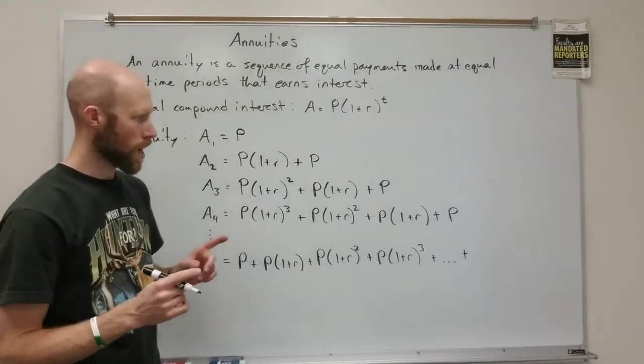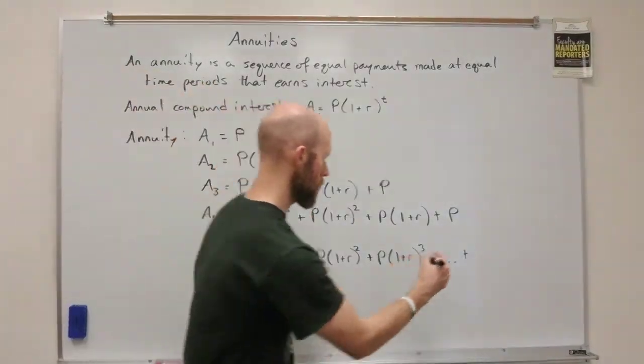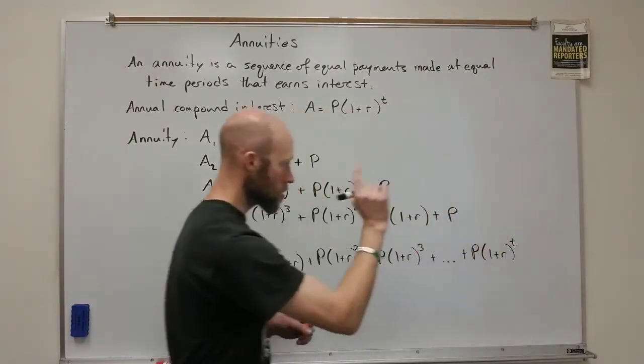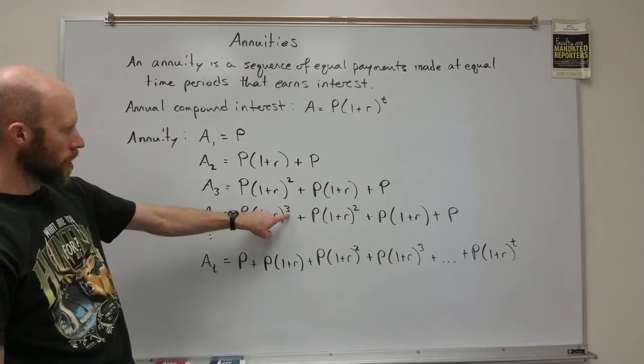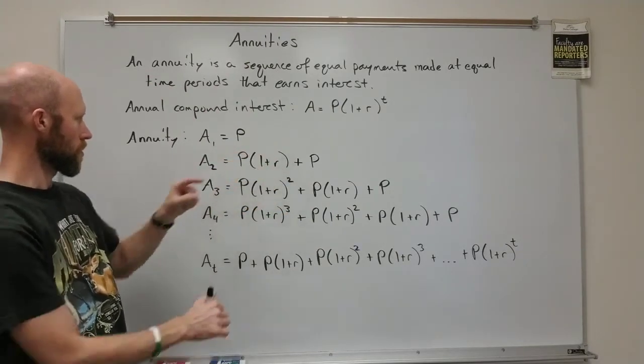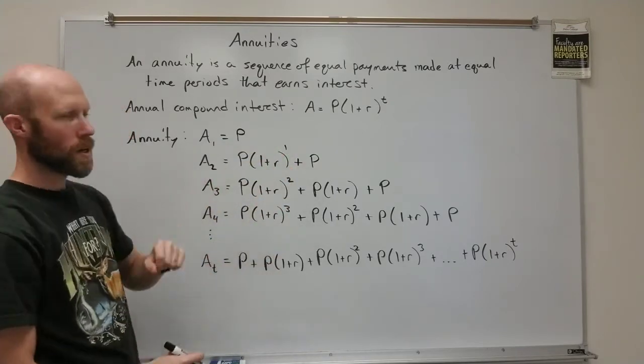But notice, I don't want to stop at P times (1 plus r) to the t, that'd be too far. Notice that the largest power is always one less than the year. So here's power 1, 2, and so forth.